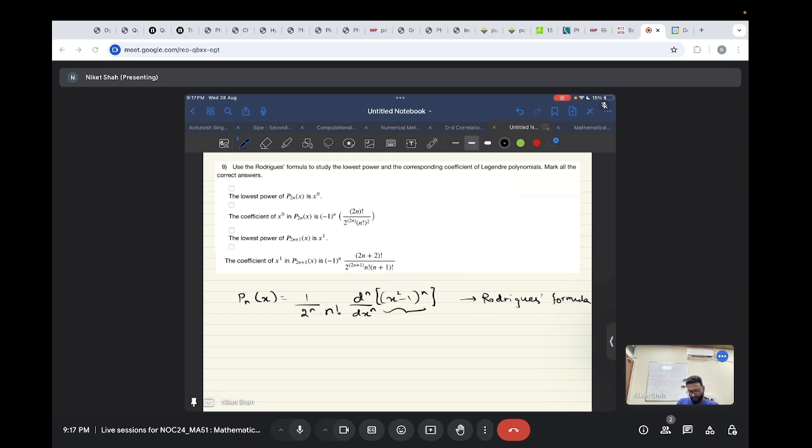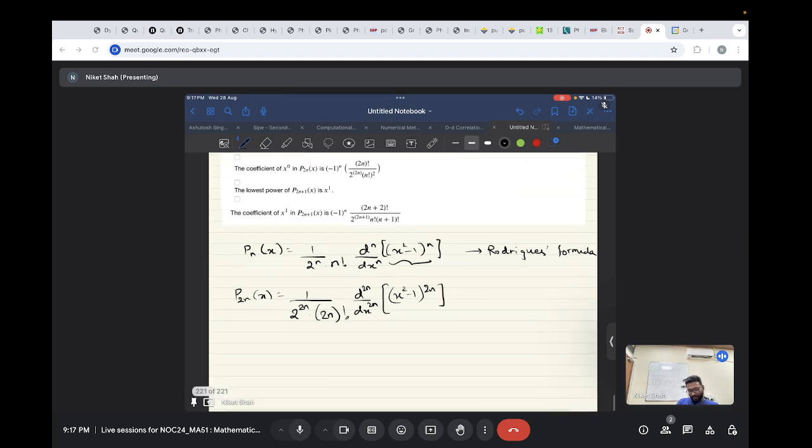Firstly, let's do this. P2n of x has to be 1 divided by 2 raised to power 2n into 2n factorial, d2n by dx power 2n of x square minus 1 to power 2n. This is my P2n.